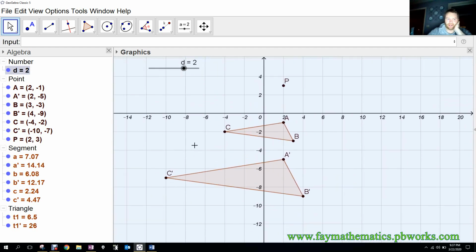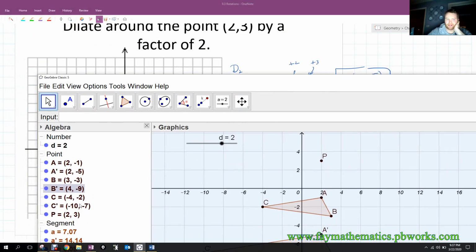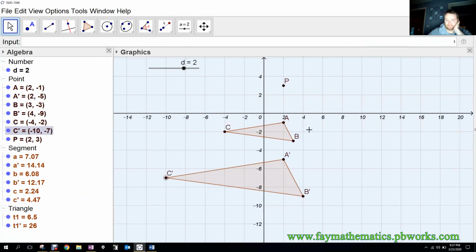Okay. But now let's look at A prime. A prime was at 2, -5. Is that what we came up with here? 2, -5. B prime was at 4, -9. And C prime is at -10, -7.